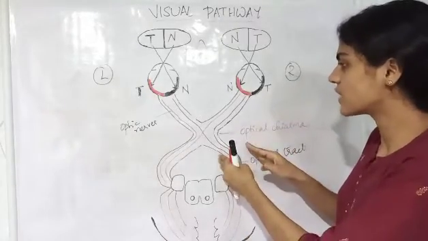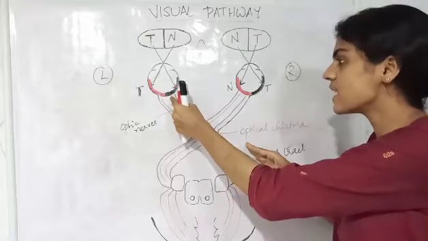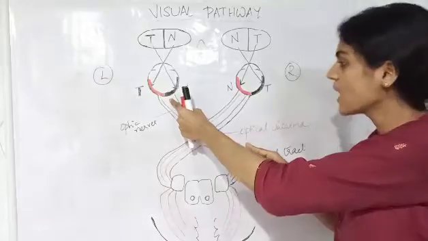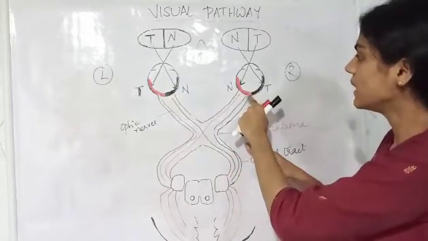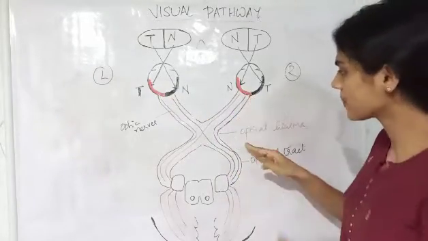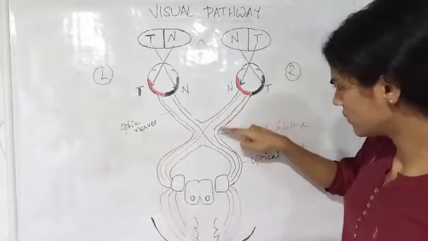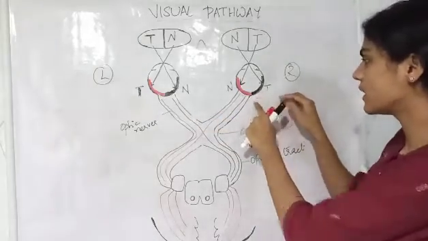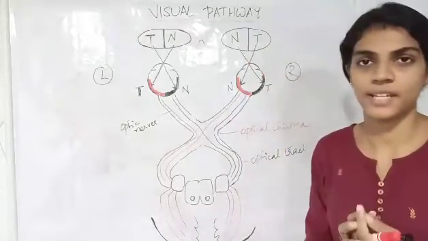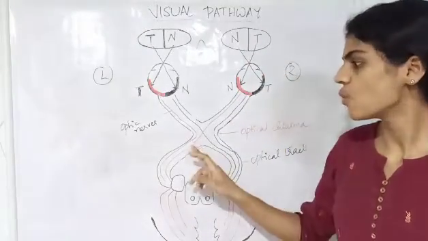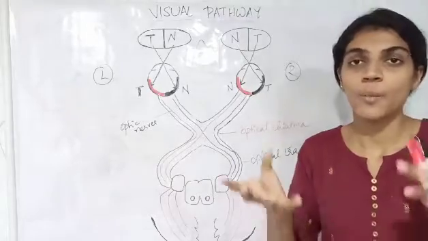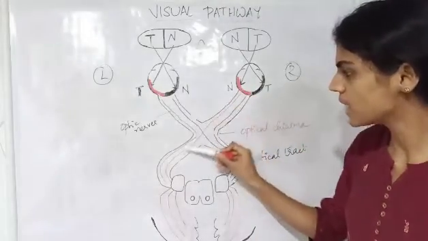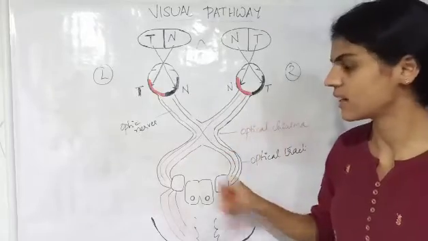The right optic tract has nasal retinal fibers from the left eye and the temporal retinal fibers from the right eye. So one optic tract contains both ipsilateral and contralateral nerve fibers.